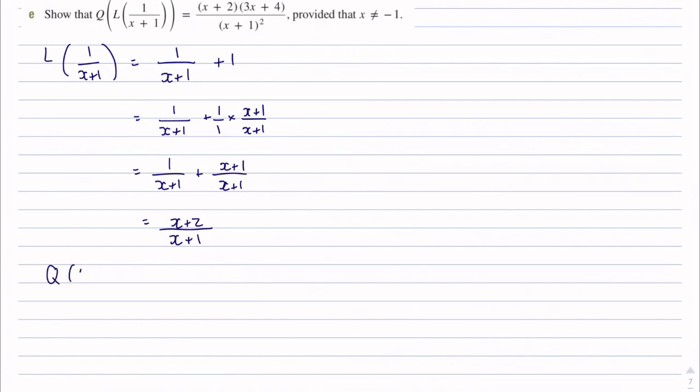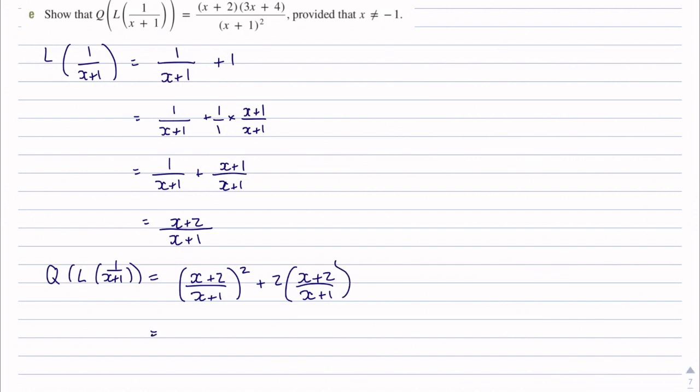q of L of 1 on x plus 1 is that squared plus 2 times that. So I've got x plus 2 over x plus 1 squared plus 2 times x plus 2 over x plus 1.